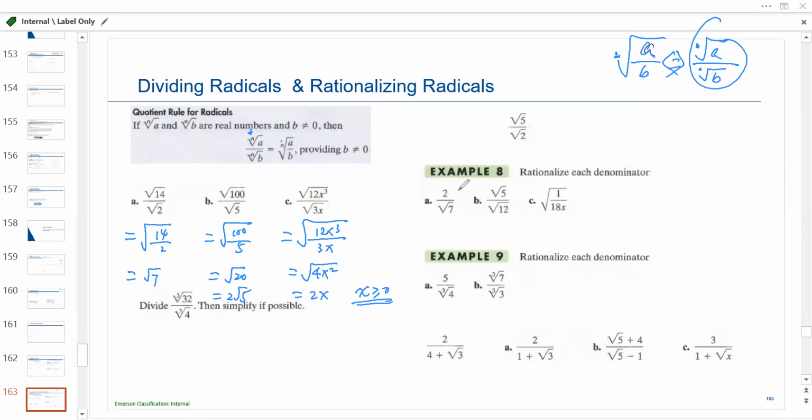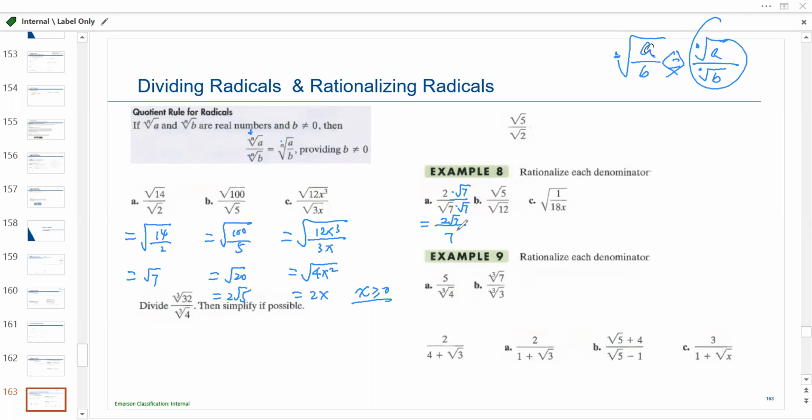Okay, what about this situation? They have different roots, so you can transform first. Here we can write square root 4, 7. Or we don't do it this way: we multiply both top and bottom by square root 7. So the bottom became 7, right?